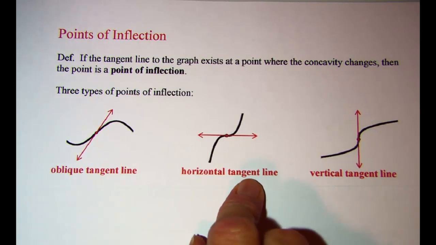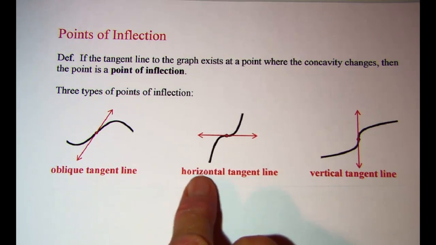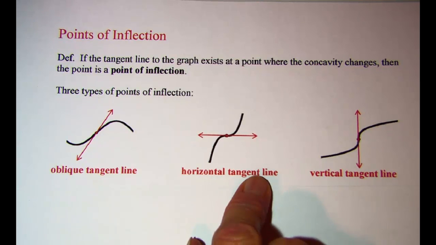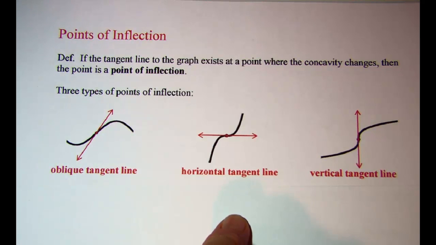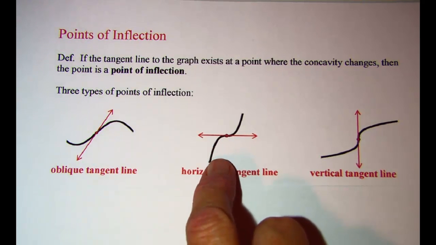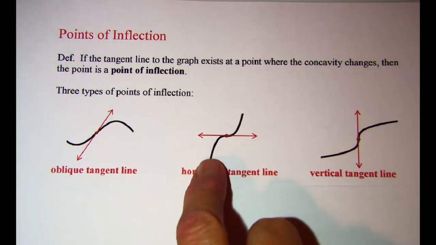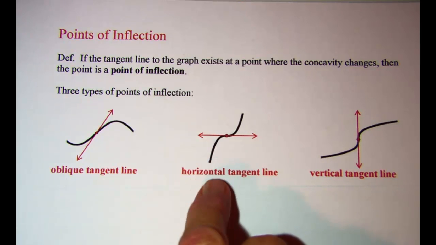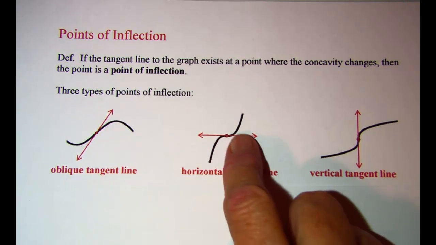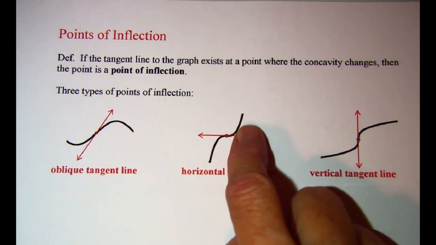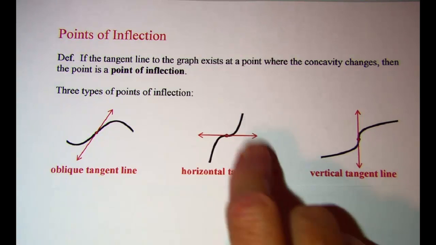Another point of inflection that we can find is when we have a horizontal tangent line. This graph is y equals x cubed, and you'll see that on the left side of this point, the function is concave down, and on the right side of this point, the function is concave up.